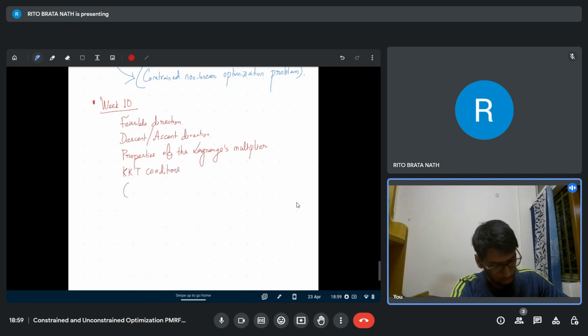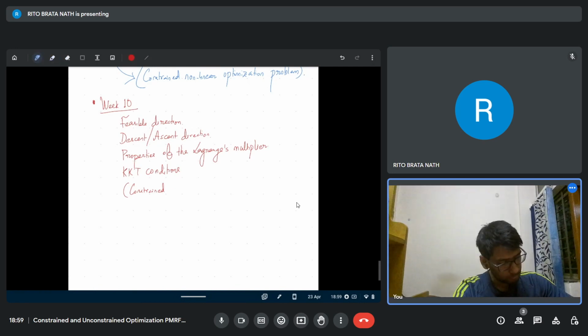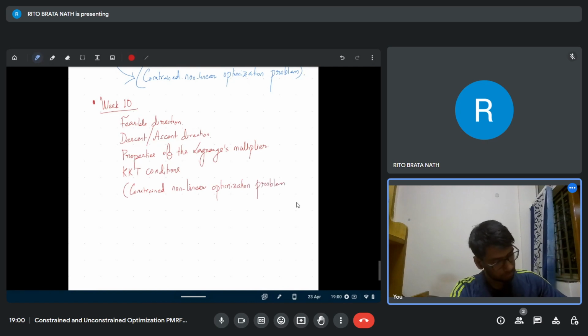This is constrained optimization on nonlinear optimization problems with both equality and inequality constraints.